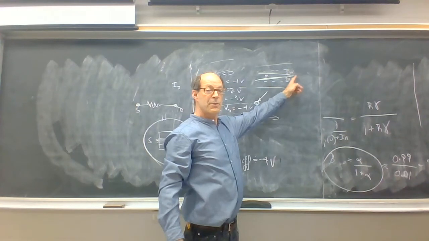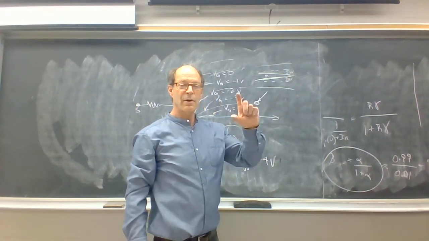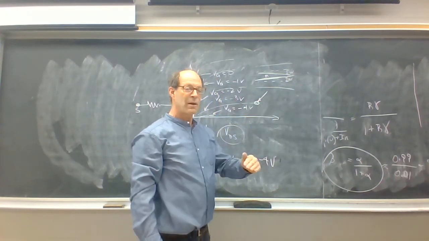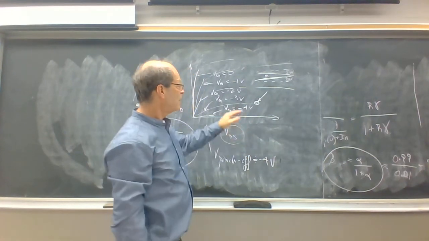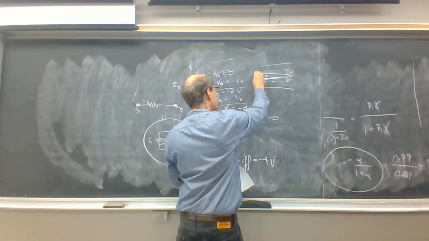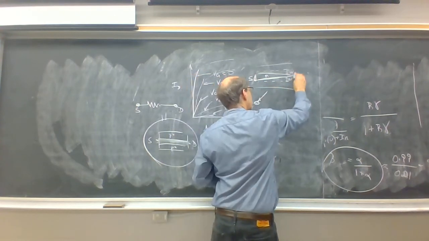The depletion widths on the drain side of the device are wider now because we've made the drain voltage more positive compared to the source voltage. So this is the source, this is the drain.